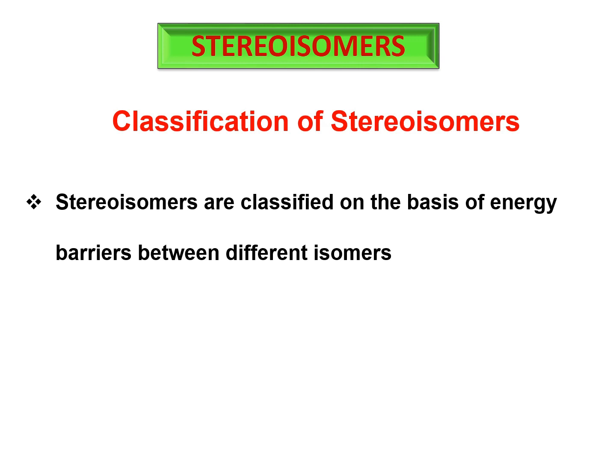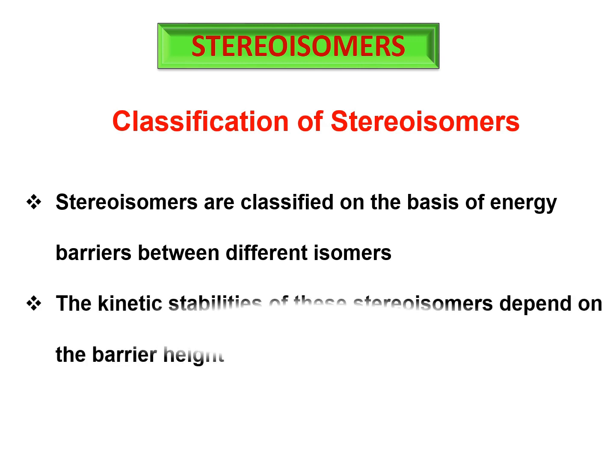It is only the difference in the energy barrier for the conversion of one isomer into another stereoisomer that differentiates one class of stereoisomers from another class. And the kinetic stabilities of these different types of stereoisomers depend only on the height of the energy barrier.